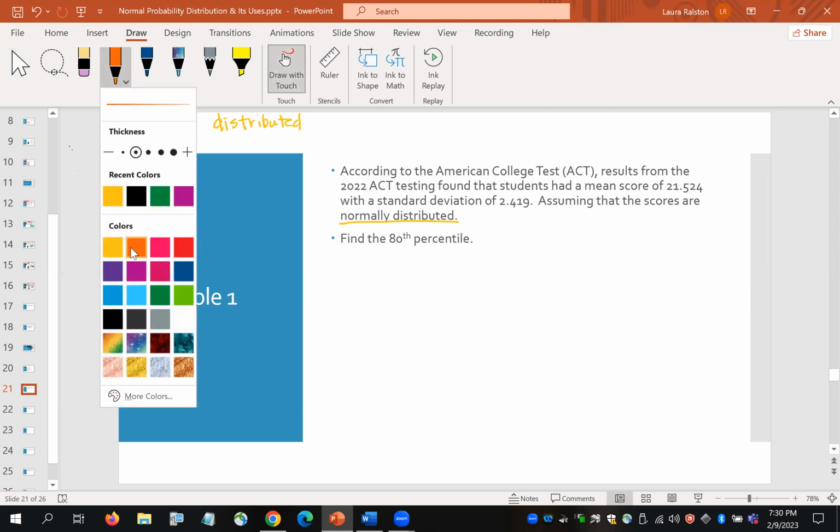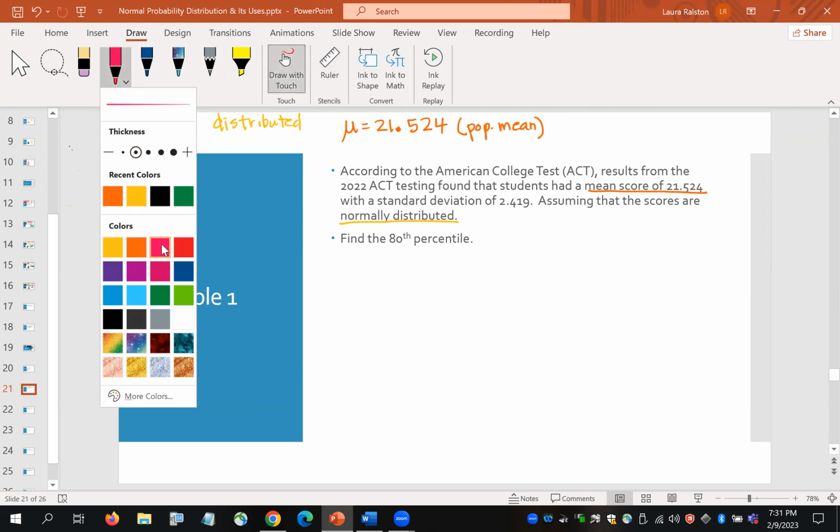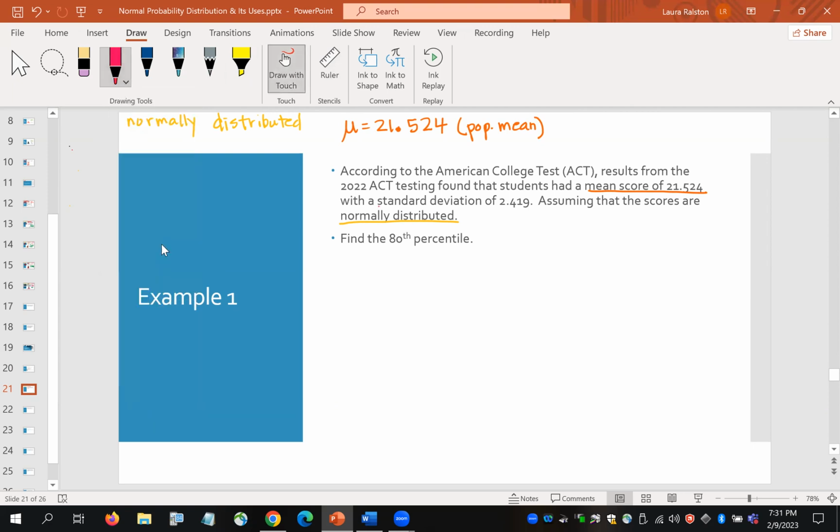It tells us that the mean is 21.524. It tells us that the standard deviation is 2.49.